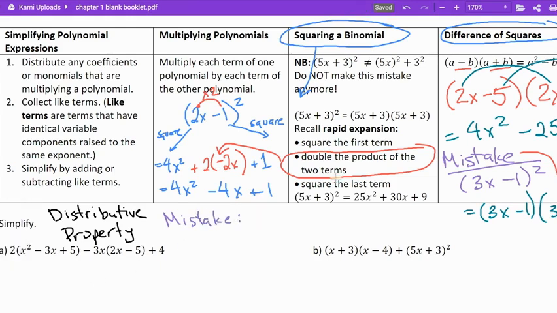And let's see if you can catch this. Okay. So this is similar to part of the diagnostic where I saw this mistake happening often.